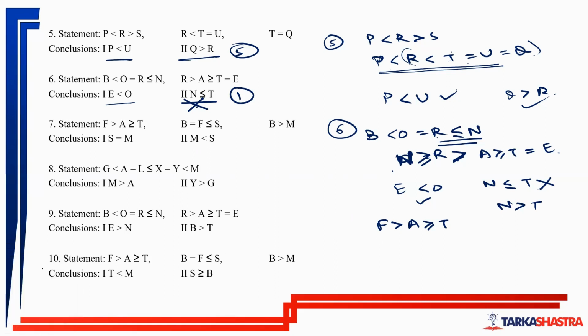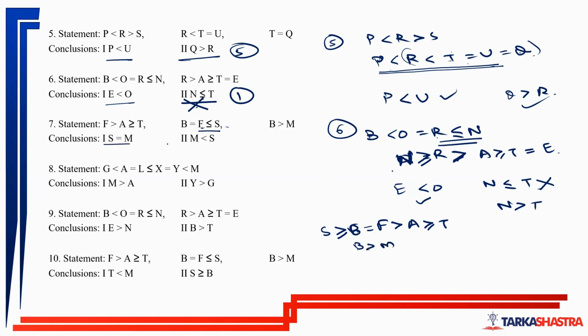B is equal to F. And S is less than equal to F. So S is less than equal to F means B is also less than equal to S. I have reversed it and I have tried to write it in the same statement. And then they are saying B is greater than M.